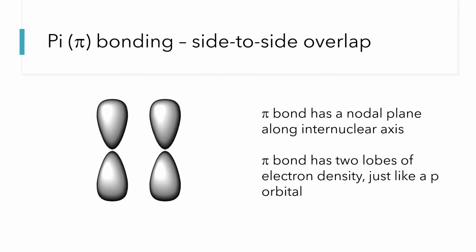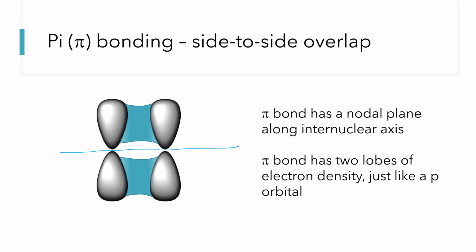The other type of overlap that we can have with p orbitals is when two p orbitals on adjacent atoms line up side by side. If they get close enough, their electron clouds can start to overlap side to side, which is what those teal areas are trying to indicate. One of the really cool things about pi bonding is that we end up with what's called a node right along the internuclear axis.